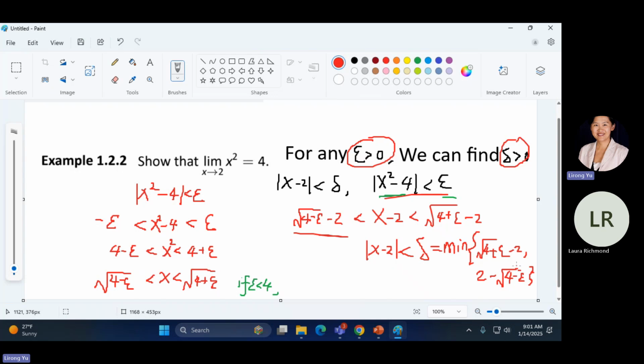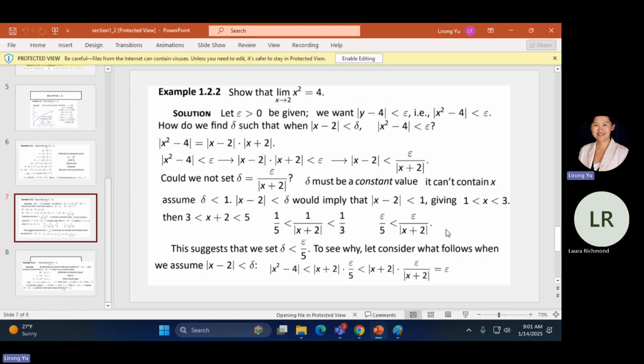Are you okay? So this is the one I think is a little bit easier to follow than the textbook solution. The textbook solution has a little bit of deviation in the middle because we end up deciding to factor it out, and then that's what happened to this. We see this and this have a similarity, and we see a chance to have this be our delta, but that one has a variable. You can't make a delta equal to x.